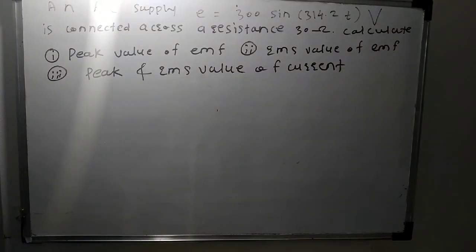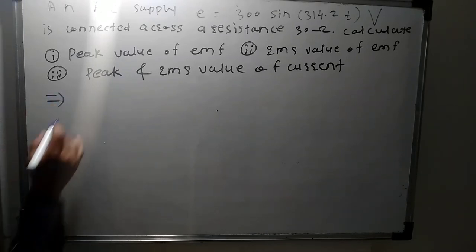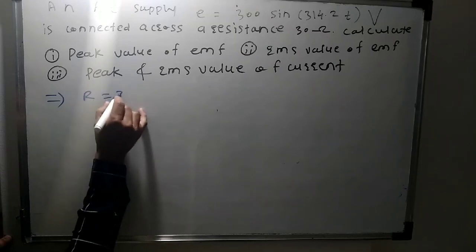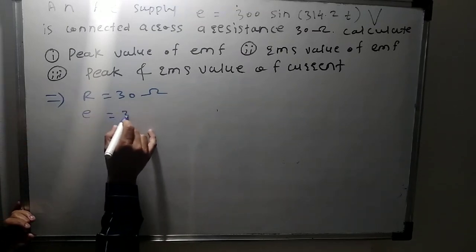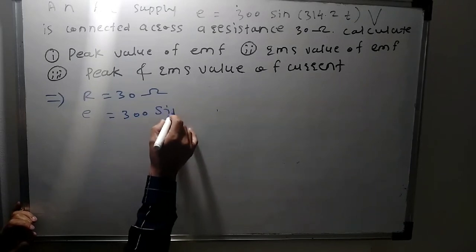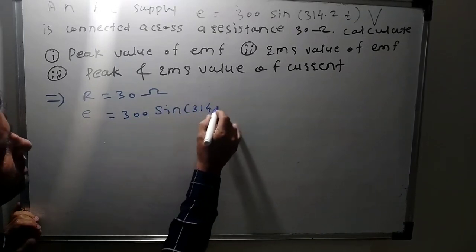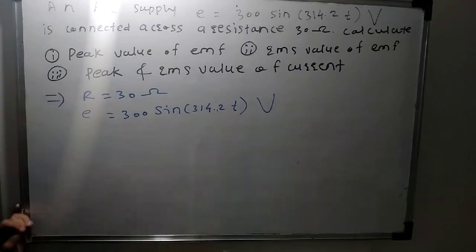Now initially, what are the given terms? R is given as 30 ohm. Then what is the given equation? E is equal to 300 sine 314.2 t volt.